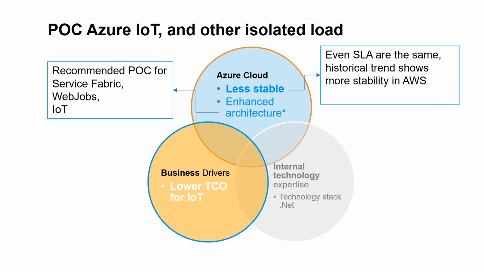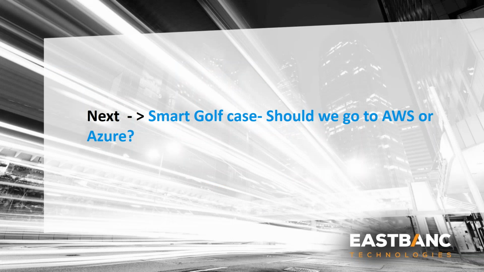And regarding the business drivers, we proved that we can lower TCO for IoT specifically. For other services, it was still a question whether they should optimize and then we should compare back, but at that point we couldn't handle this in the framework of the analysis.